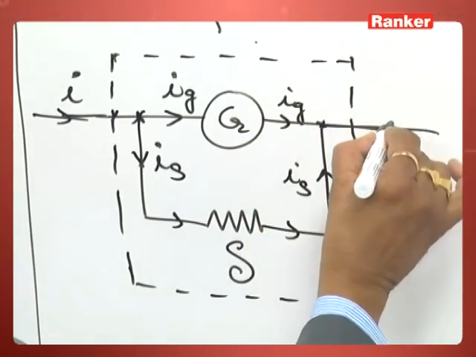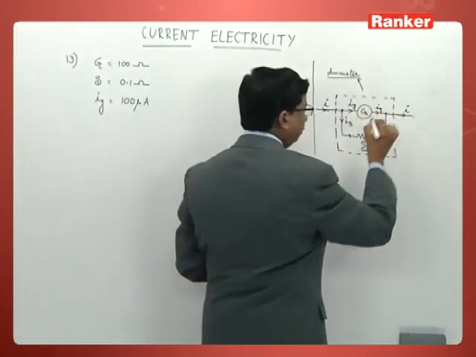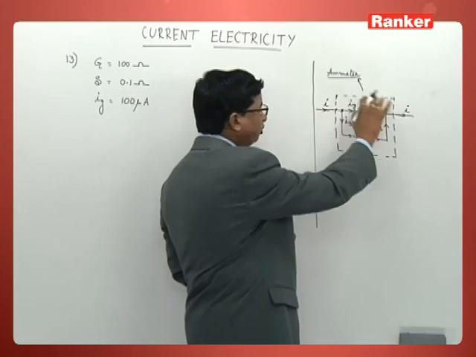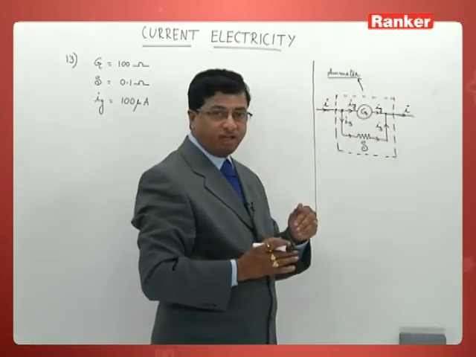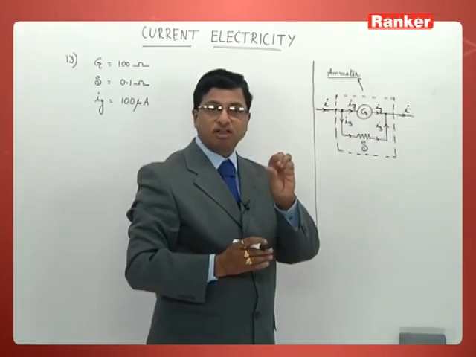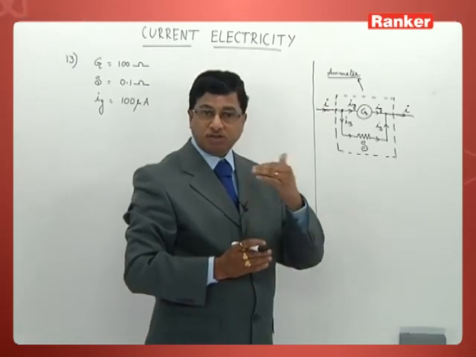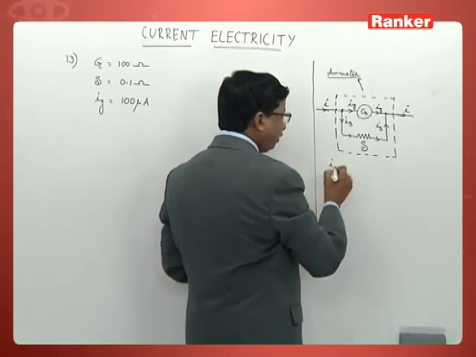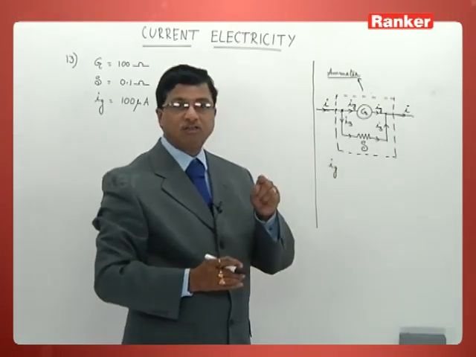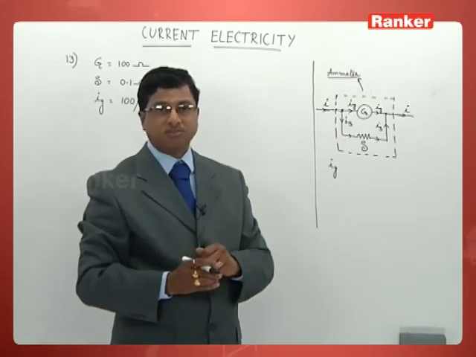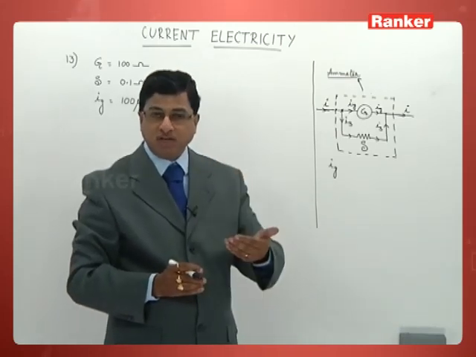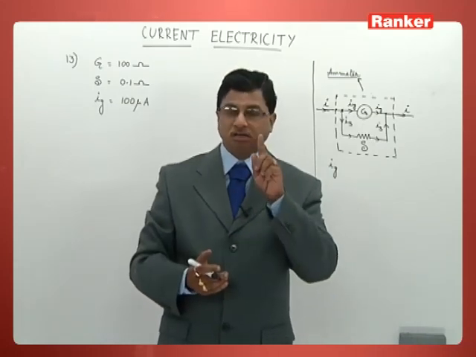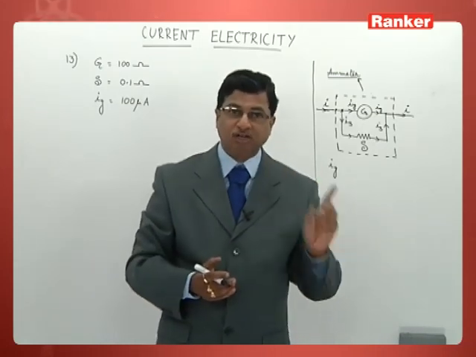Both will once again reunite here to give the total current as I. So this is the internal way of distribution of current in the system. In addition to that, what is this Ig? Ig stands for the current passing through the galvanometer. The amount of current passing through the galvanometer is what we take as Ig here.